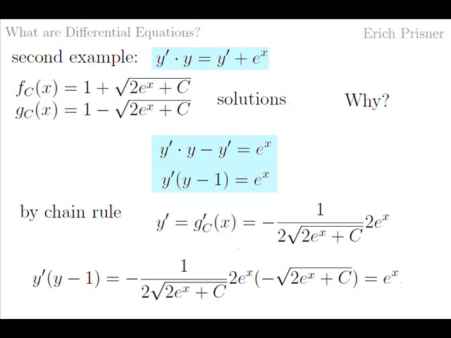And therefore, y prime times y minus 1 equals minus 1 over 2 times the radical times 2 times e to the power of x times negative the radical again, which is equal to e to the power of x, as desired.